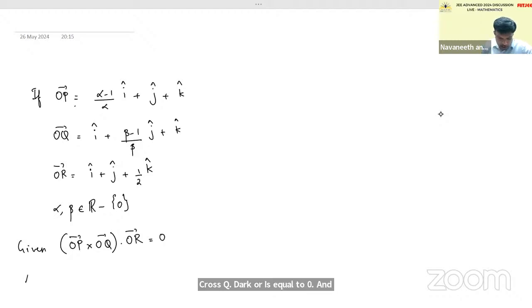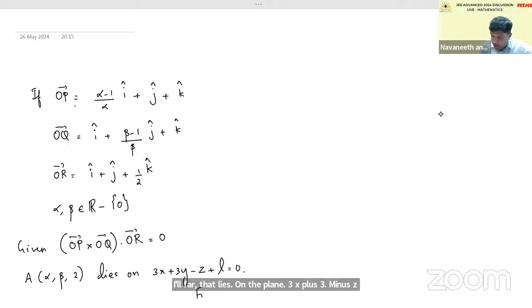And also it's given that there is a point A alpha beta comma 2 that lies on the plane 3x plus 3y minus z plus L is equal to 0, and the question is to find L. So this is a question from vector algebra combined with 3D geometry.